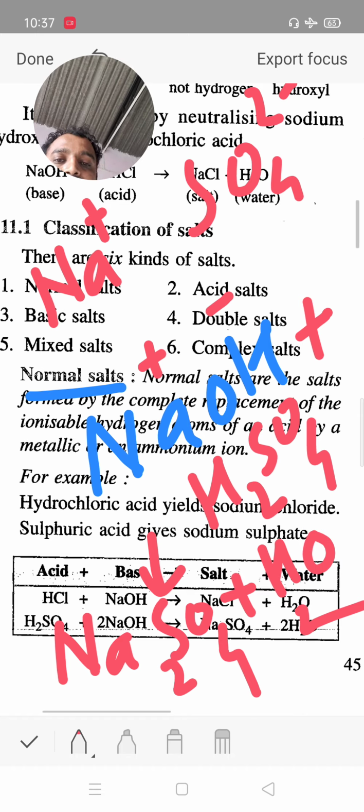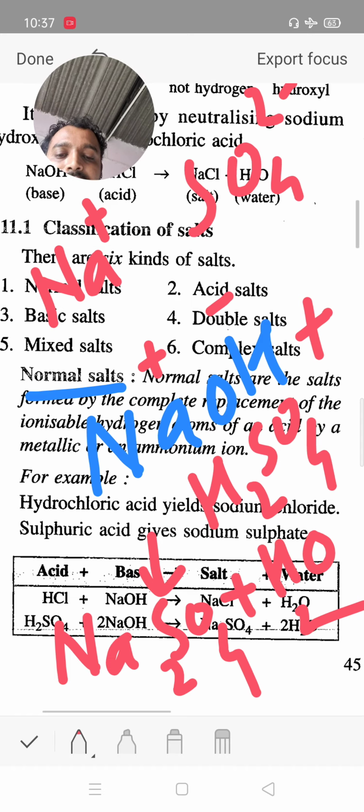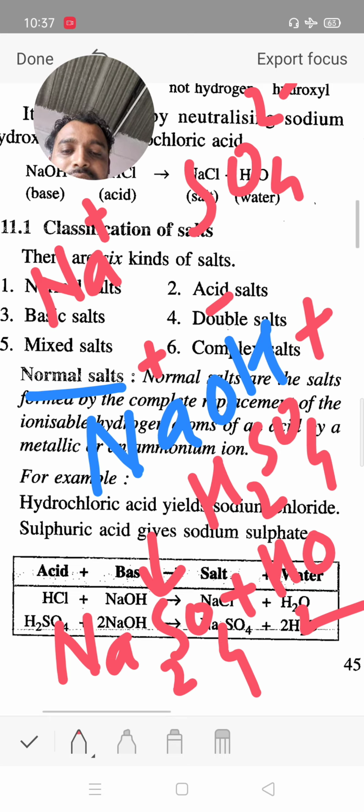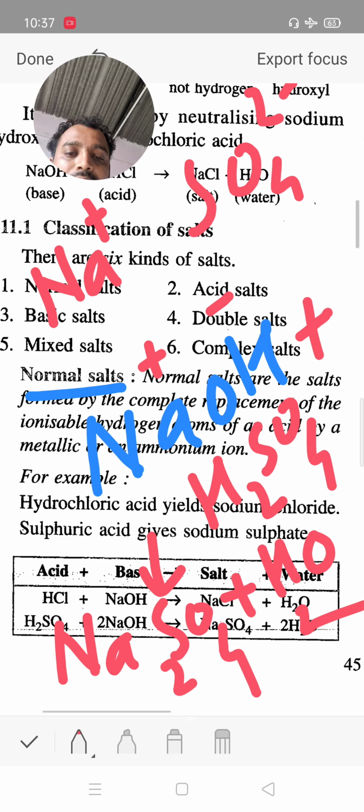Sulfuric acid gives H plus ion and SO4 minus 2. It is an example of normal salt, which also produces salt plus water when acid reacts with base. NaOH is a strong base, sulfuric acid is a strong acid, then it gives salt plus water.